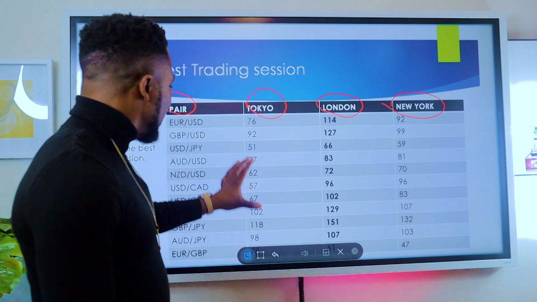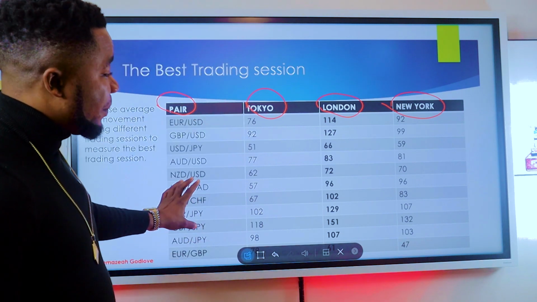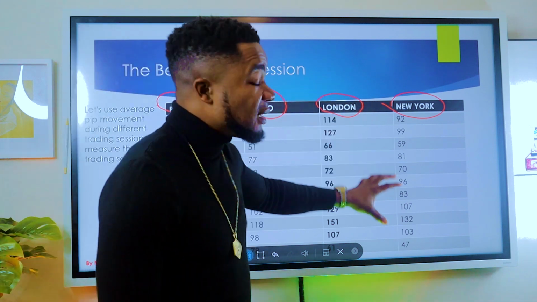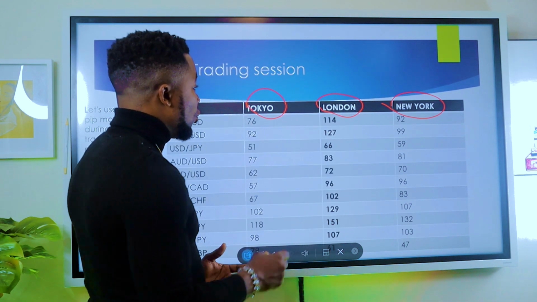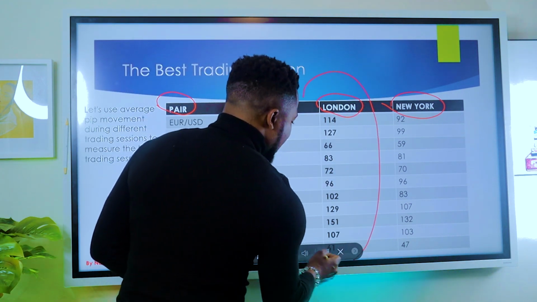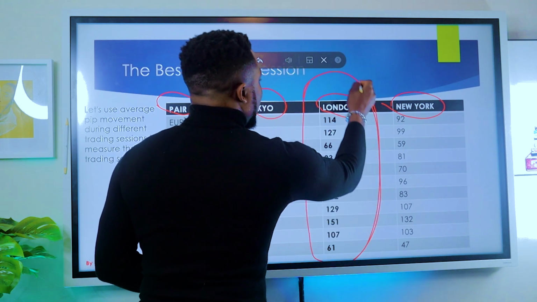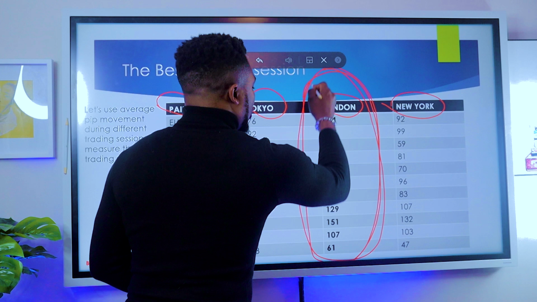These are all the major currency pairs here, and if you compare the average pip movements according to different sessions, you will see that the session with the highest average pip movement is the London session.